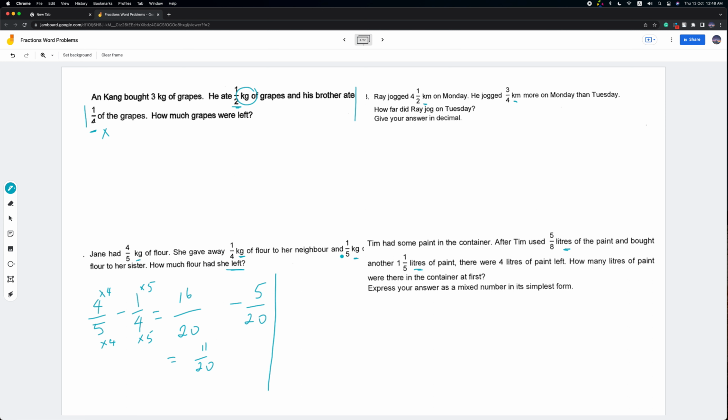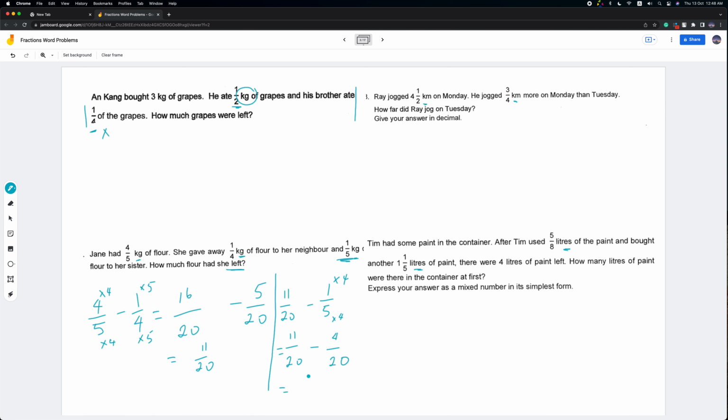But we still need to do the second step. We need to minus 1/5 kg. So now we have 11 over 20. We're going to subtract 1/5. And again, make a common denominator. So here it is multiply by 4, multiply by 4, minus 4 over 20.